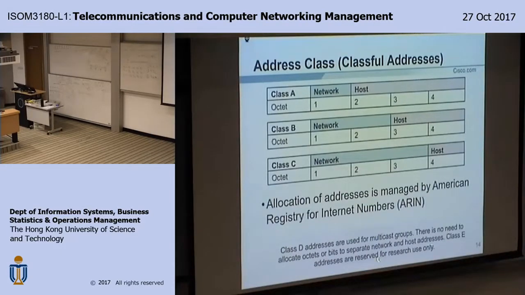And class E is for what? Remember, if you want to give an address to any of these interfaces, we should pick A or B or C. Any address given to any interface, PC, router, computer, laptop, your mobile phone, everything, should be class A, B or C.